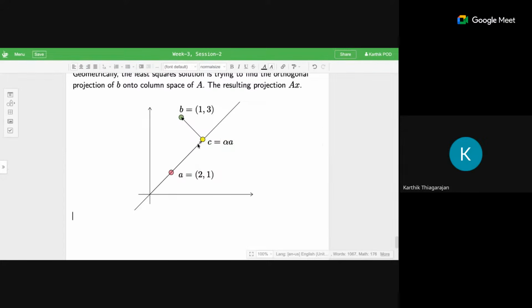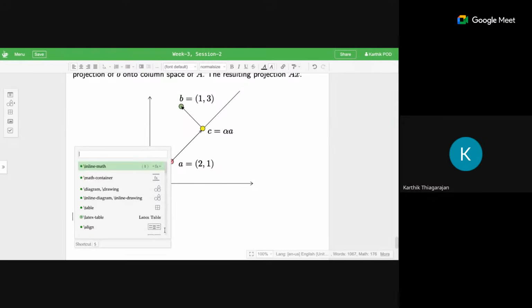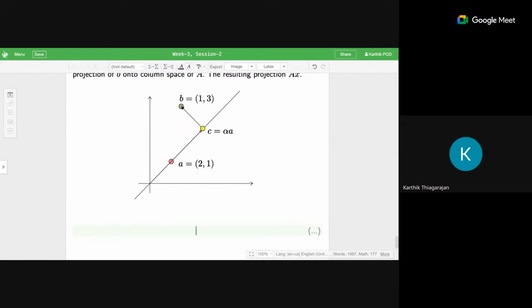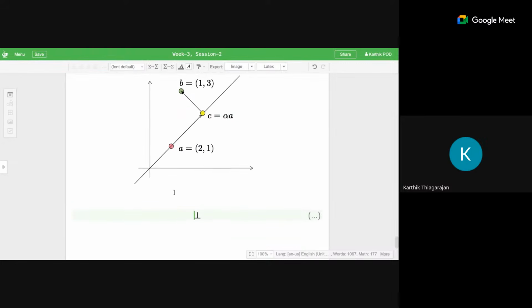Okay, so now something is perpendicular to something. Can you tell me, from the diagram that you see here, what is perpendicular to what?